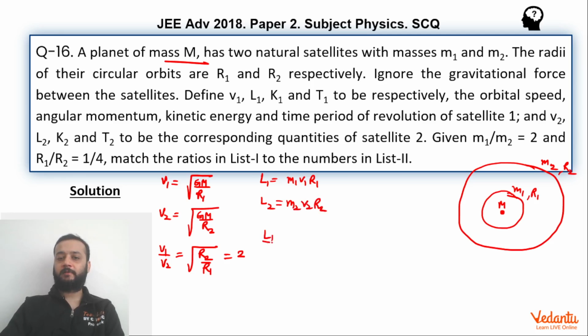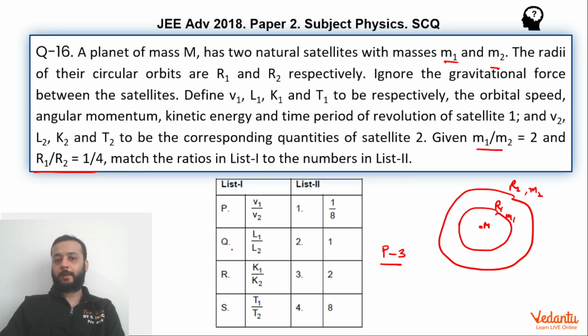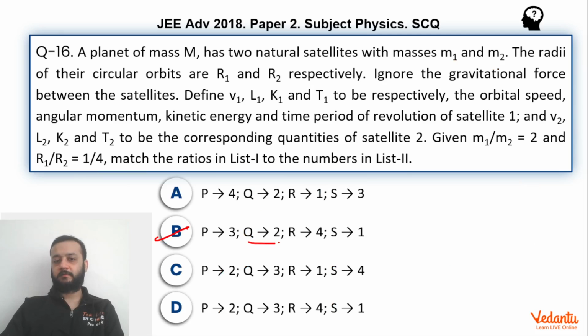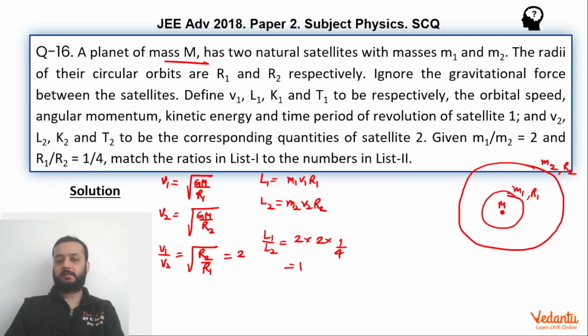So L1 by L2 will be m1 by m2, which is 2 in the question, v1 by v2 we have already found out 2, r1 by r2 is 1 by 4. That means it becomes 1. So L1 by L2 is 2 is to 1. If you go back to option Q, it matches with 2, which is what we get here, right?